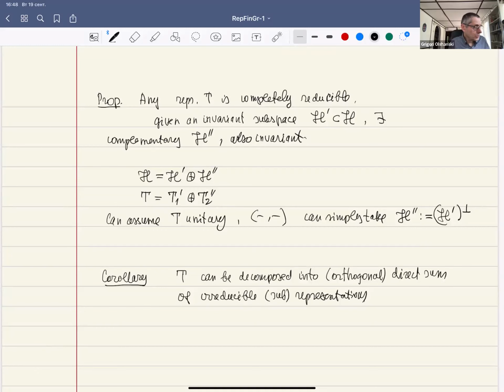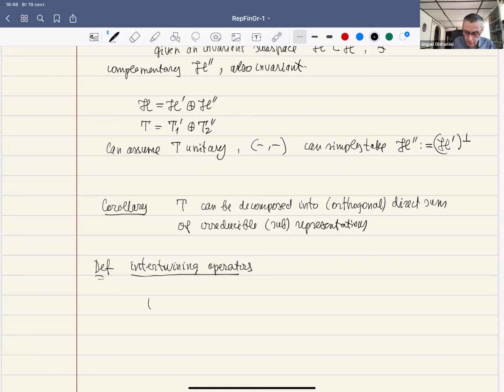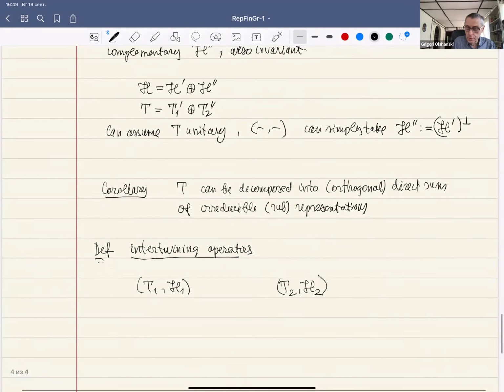The next notion is that of intertwining operators. So assume we are given again two representations of the same group as usual.